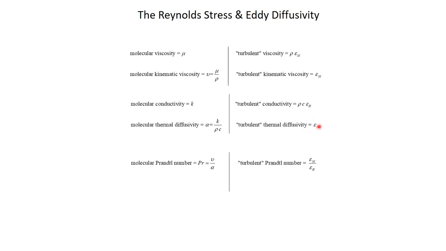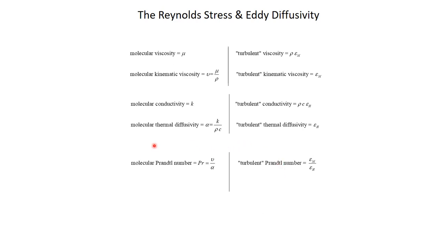And actually, if you want to go one more step, if I take the molecular kinematic viscosity and divide it by the molecular thermal diffusivity, I get the molecular Prandtl number, right? If I take the turbulent equivalent of the kinematic viscosity and divide it by the turbulent equivalent of the thermal diffusivity, so epsilon sub m over epsilon sub h, I get the turbulent Prandtl number, right?